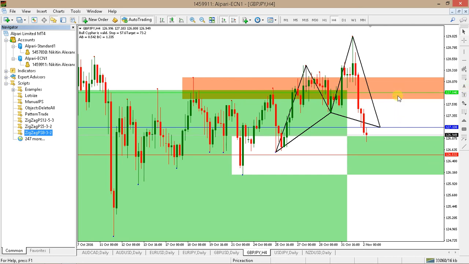Target is always more than the stop loss. Having an accuracy of this pattern about 70%, and having the target more than the stop loss, this leads to inevitable generating of money.